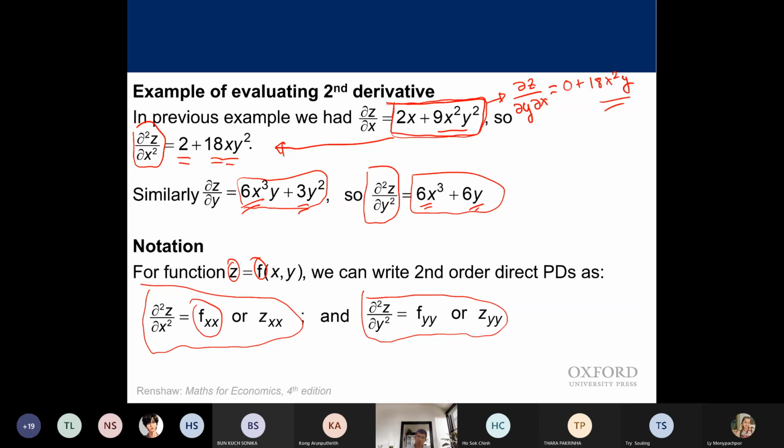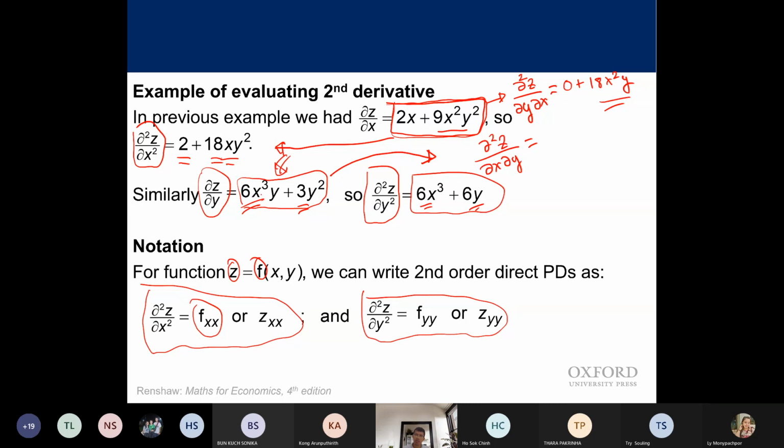So that will be from this one. This is actually the first derivative with respect to y, and next you differentiate with respect to x. I'm sorry, this should be squared, right? So take note of the different order in x and y.